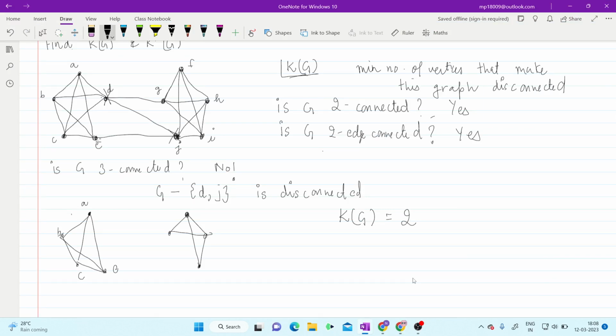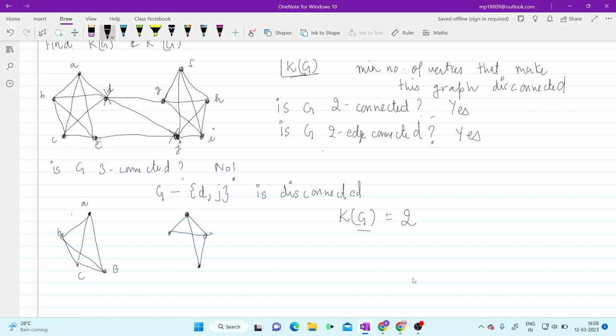Is it fine with everyone why the vertex connectivity is 2 for this graph? Yes. Vertex connectivity is 2.